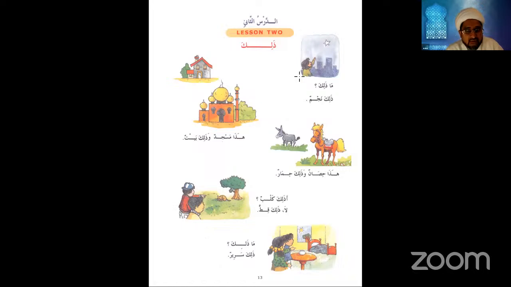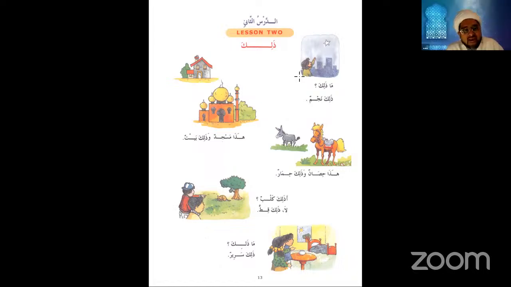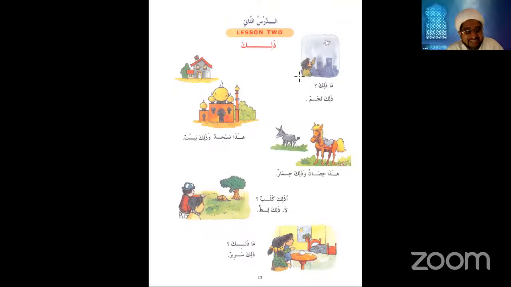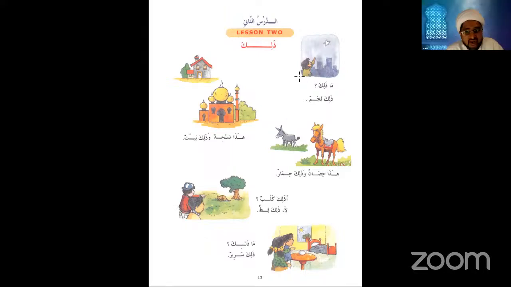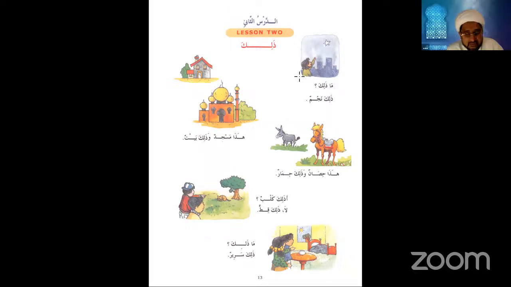Does anyone know the answer? Specifically pointing at something in particular, like one thing? No, even hadha is pointing to something close. But why did Allah subhanahu wa ta'ala? Sister Arjumand, I know you know the answer. Yes, dhalika al-kitabu la raiba fihi. Why dhalika, not hadha al-kitab? Dhalika means for that. Correct. But why?